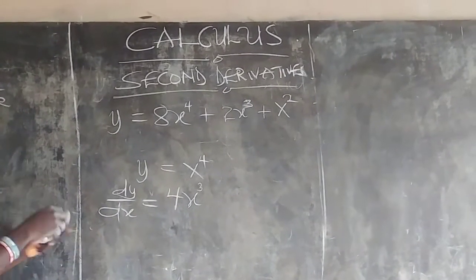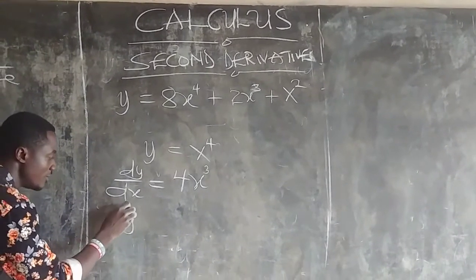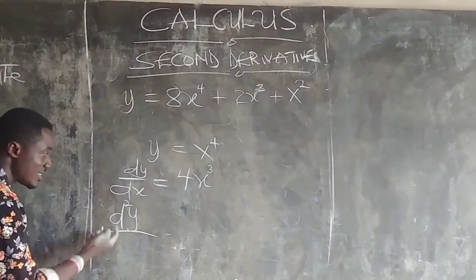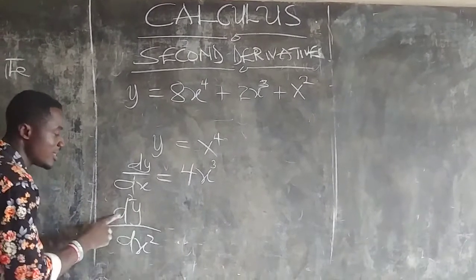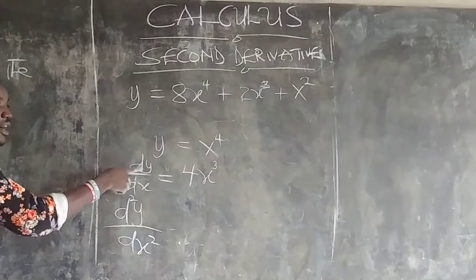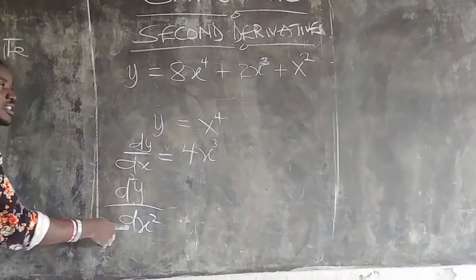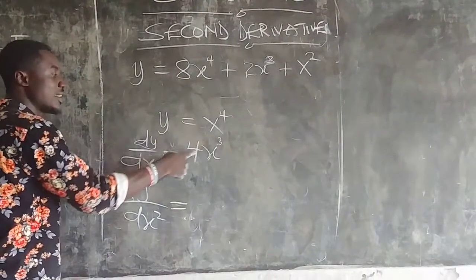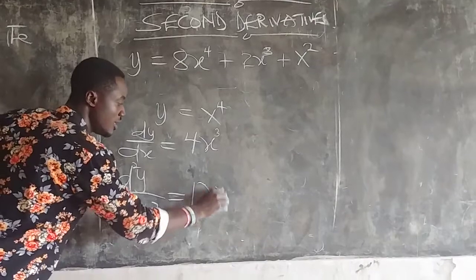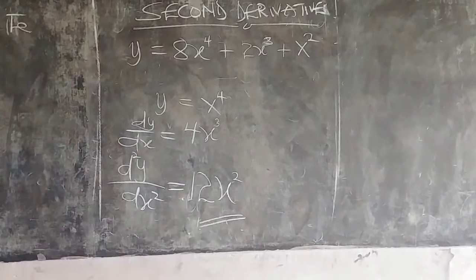But for your second derivative, it is written as d squared y over dx squared. That is how you write it. Your d squared y over dx squared is equal to, let's differentiate this once again, 3 times 4 x, then you reduce this, you get 2. That's what we call second derivative.